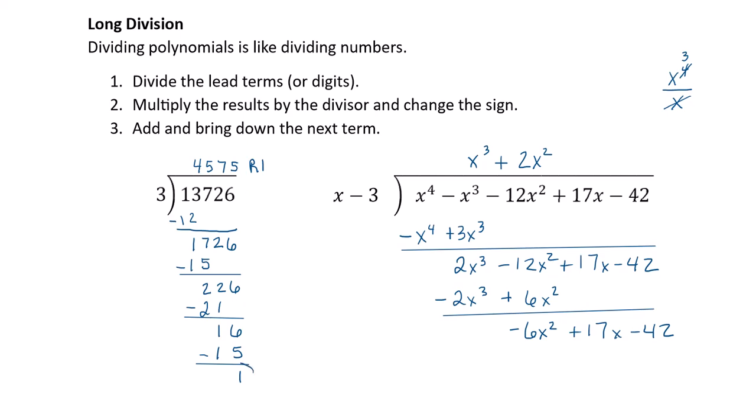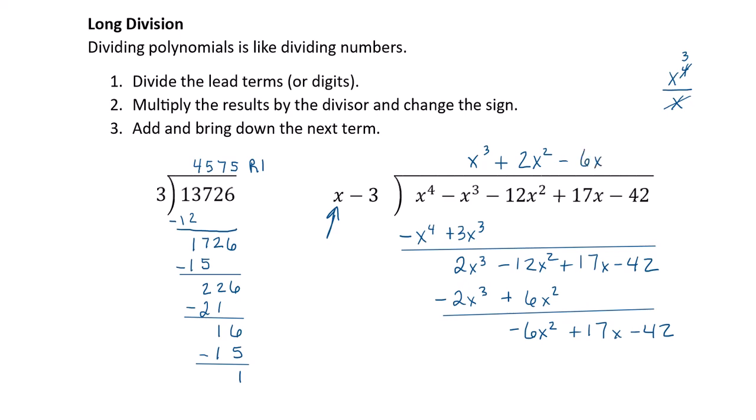And also, this number is smaller than the divisor. So that's when you know we're finished. We're not finished yet. We have a ways to go. So I have a negative 6x squared divided by this x is negative 6x.